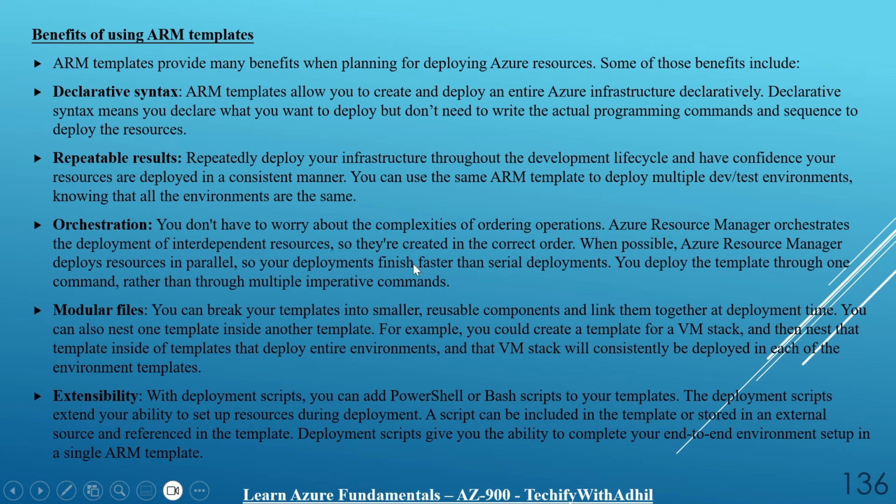So this orchestration, in short, we can understand with an example. Usually, whoever has worked with PowerShell commands will be using a pipeline to run multiple commands in a single line of PowerShell. When we do that, we will be running one command after the other.